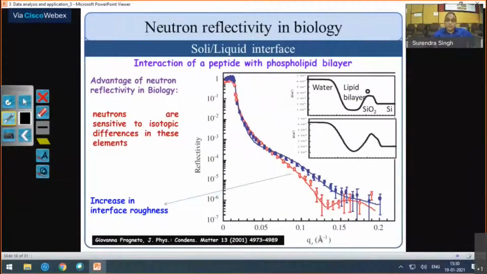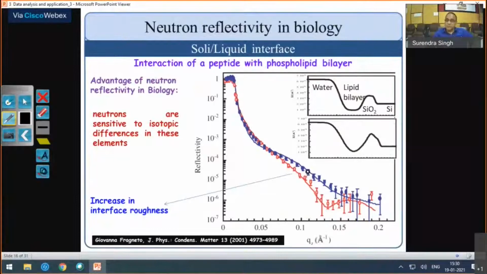Okay, lipid bilayer, and then water is there, and then they took the neutron reflectivity, and neutron reflectivity is the blue curve. Okay, but when they put peptides on this sample, and then interaction happens with this membrane, they got this reflectivity pattern, this red one.